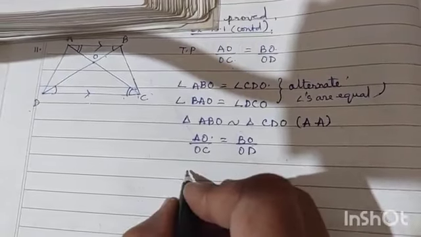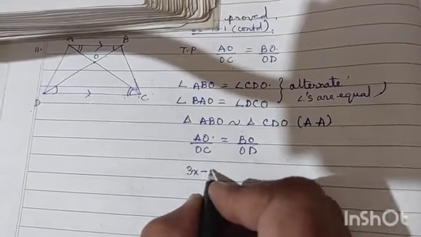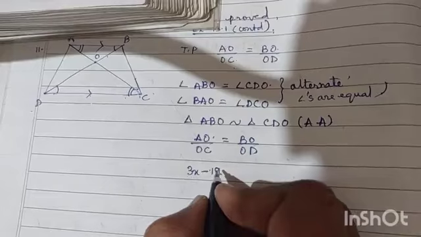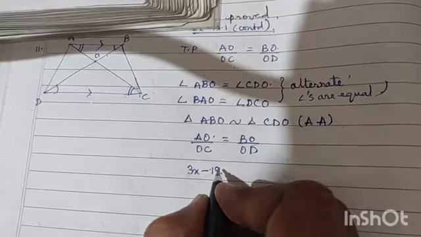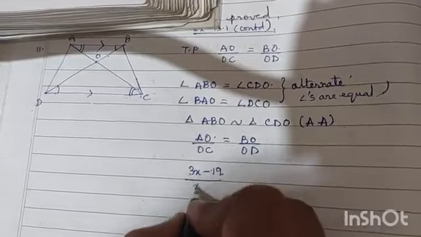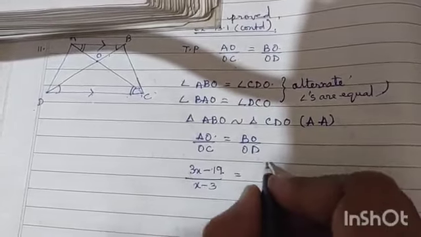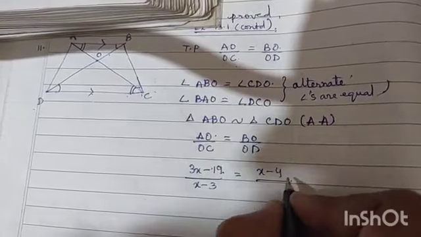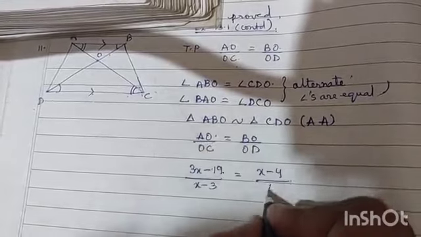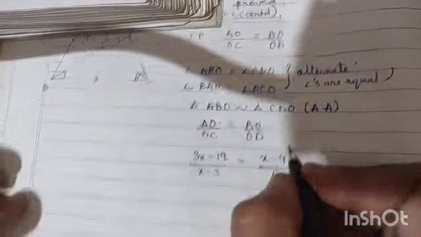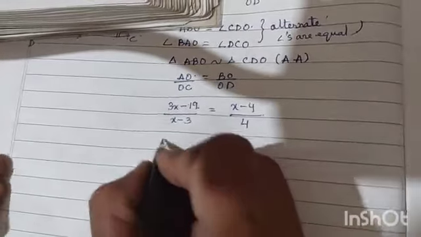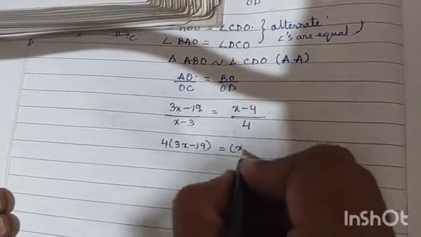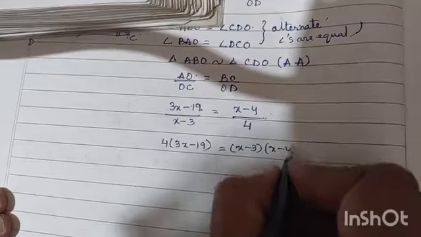So substituting the values, we have 3x minus 19, that is AO, by OC, that is x minus 3, is equal to BO, that is x minus 4, by OD, that is 4. So now on cross multiplying and solving this, we have 4 into 3x minus 19 is equal to x minus 3 into x minus 4.